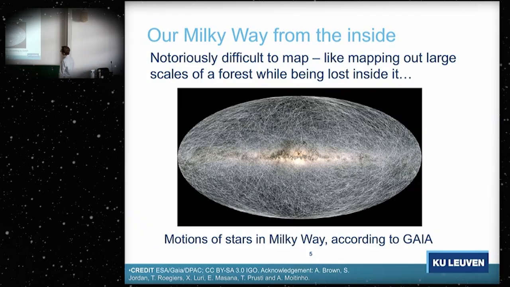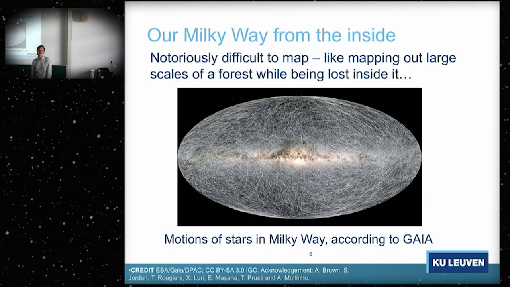Then, the faint band. Now, this we have also already mentioned. I will repeat it a little bit, because it is important to keep in mind that it's very different for us to study the Milky Way than it is to study other spiral galaxies, simply because we sit in the middle. So some things we can study in much greater detail.